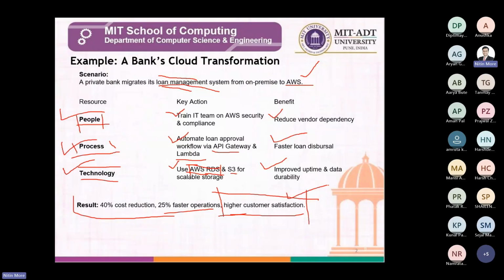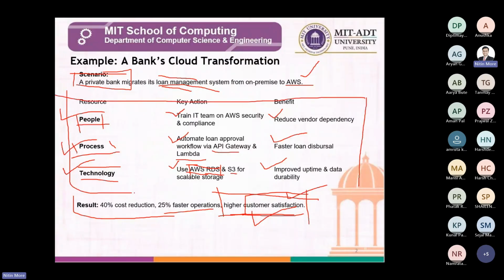A private bank may have a goal of higher customer satisfaction, retention, and attraction, right? So instead of only focusing on the goal, of how we can get more and more customer satisfaction, we need to think in this way of managing the resources. If you manage these three resources properly in any organization, people, processes, and technology, your organization's objectives and goals will already get achieved.